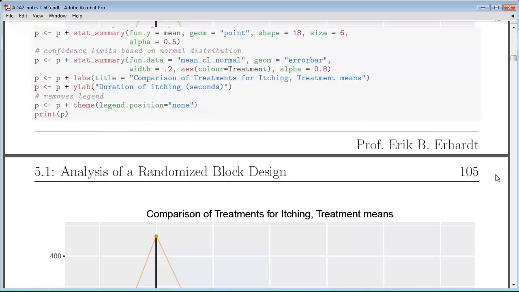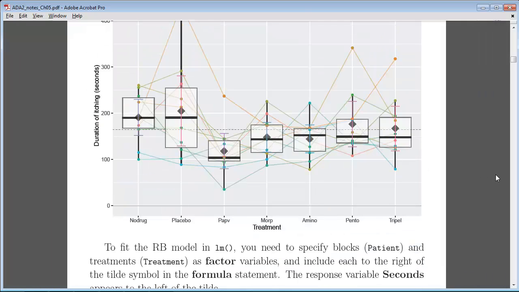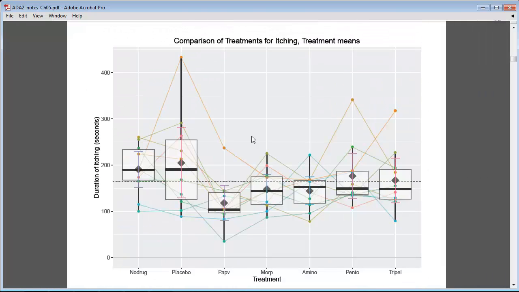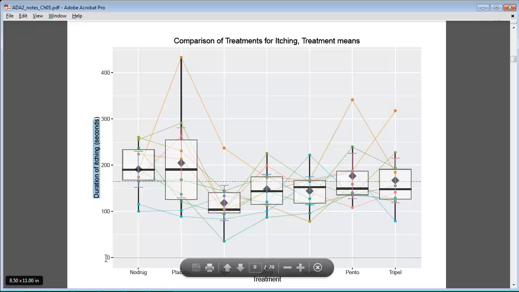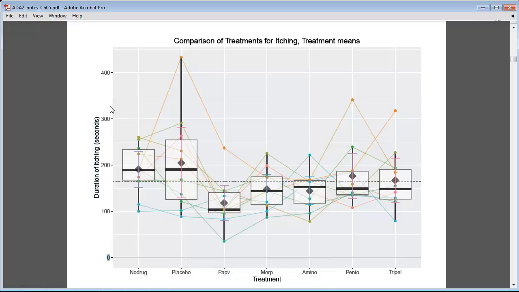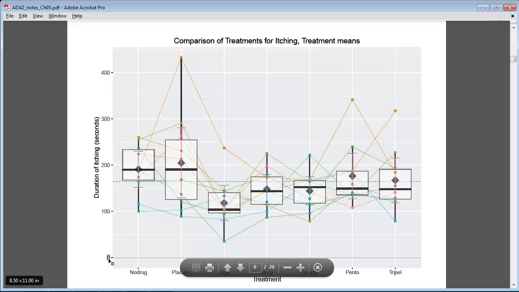Now I'll give you my thoughts about this. If I scroll up to the data, our response variable is the duration of itching. It's bounded below by 0, and it goes positive. This is a standard sort of biological situation, where we have something, some length, in this case a length of time, bounded below by 0, and it gets bigger and bigger.